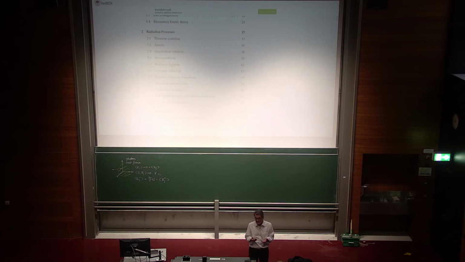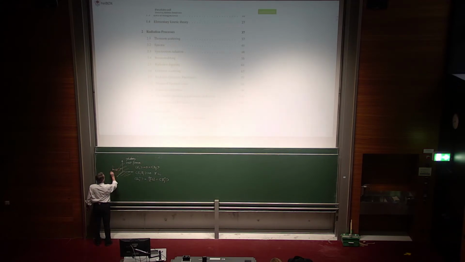Now, of course, I can calculate the radiation power of that electron. But then I have to calculate the electric and magnetic field components in the rest frame of the electron. So we have to apply Lorentz transforms, and I have to distinguish between the rest frame, that's going to be the primed frame, of the electron and the rest frame of the photons.